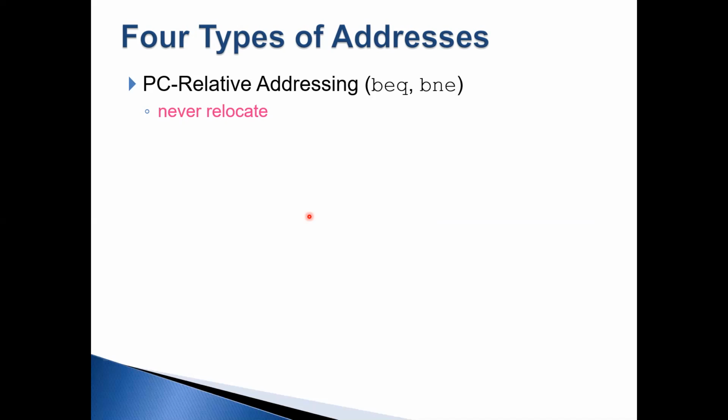So they are I format, right? And we use the 16-bit immediate to talk about where to go if the statement is true, right? For example, if I say BEQ, if the two arguments are the same, then I will go to that location. But the address described in the immediate field is not really absolute.